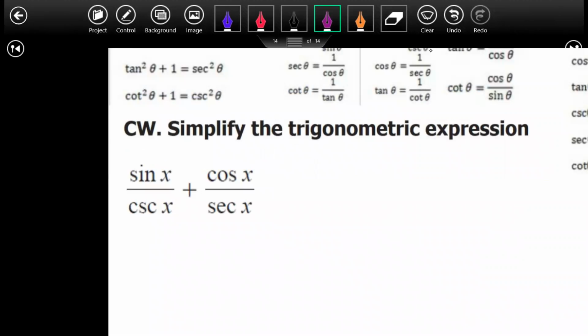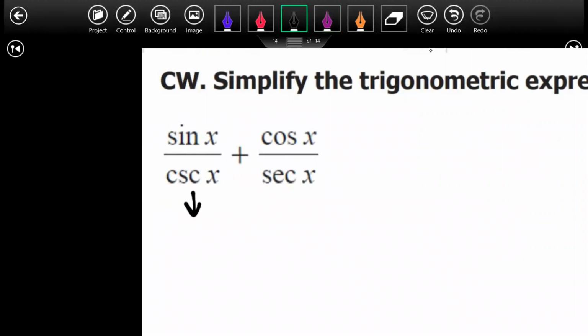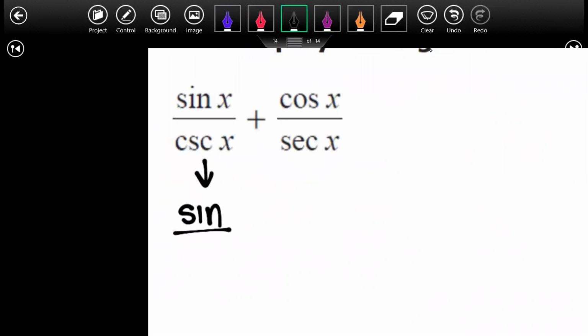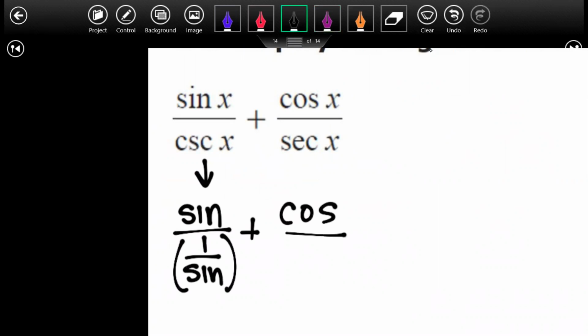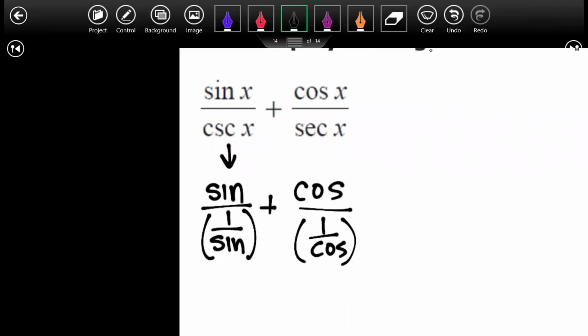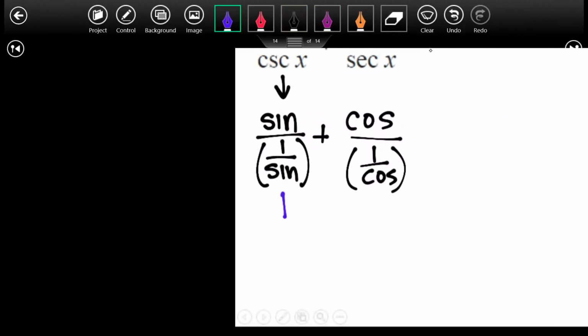Here we go. Cosecant, what is it? Secant. I'm going to reduce some of the fractions before I add. Almost done, guys.